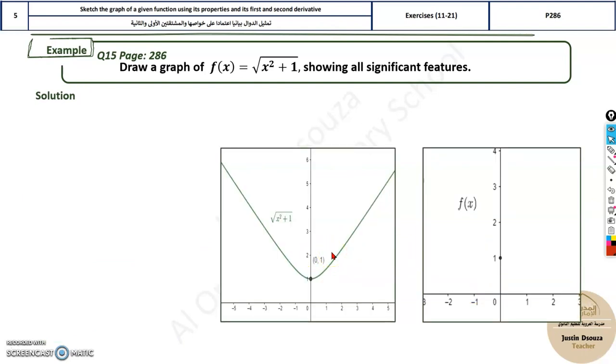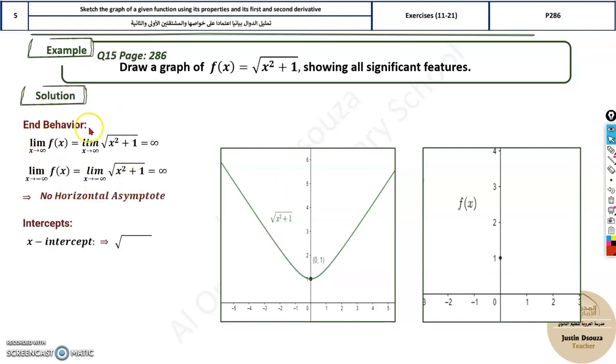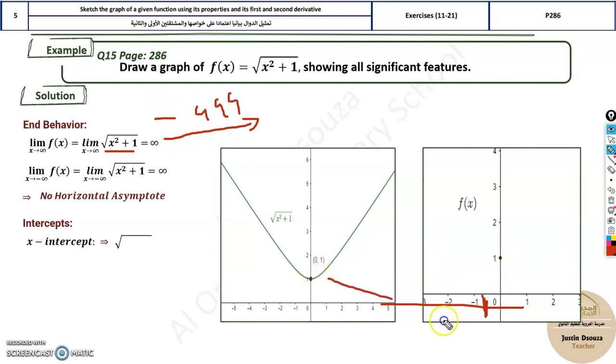Now the easier method, which I already told before, instead of doing all that: end behavior. End behavior means take a big number on the x-axis on the positive side, up to infinity. Say take 100 and put it over here. If this keeps on increasing, that means it's going towards infinity. If you get some negative number like negative 999, then it is decreasing.